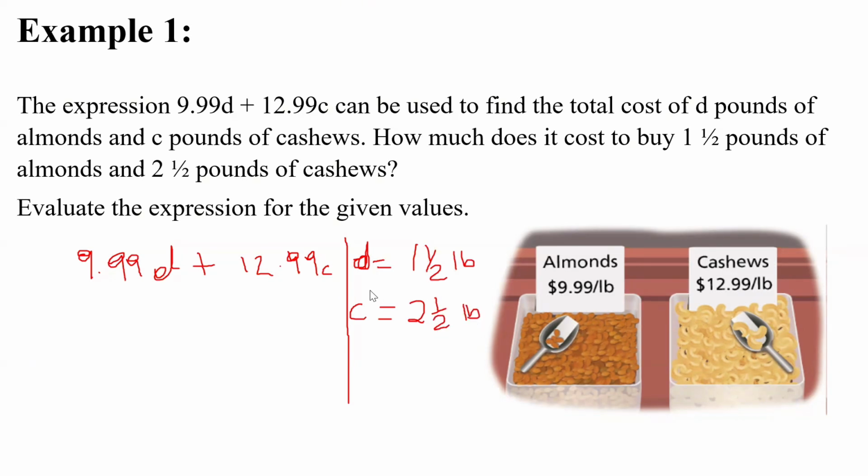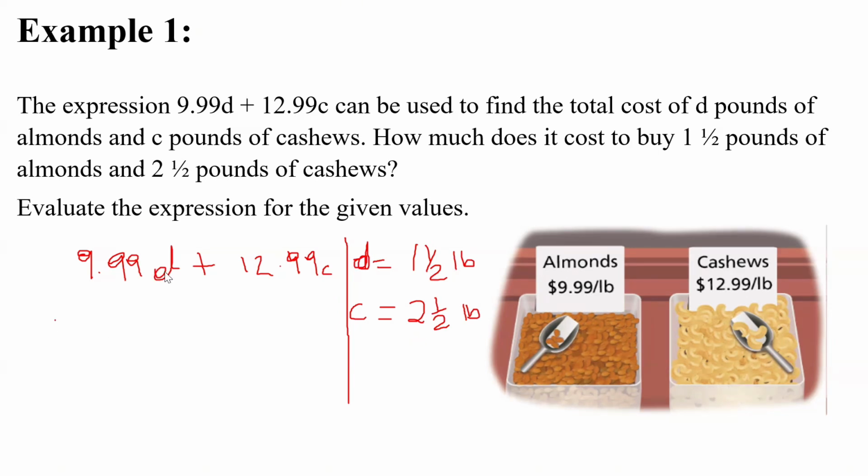So now that we know what c and d are, we are going to substitute these values into our expression, then we simplify. Substitute means to replace the letters or the variables with their actual values. So anywhere you see d in the expression, you are going to write the value for d, which is 1.5. And anywhere you see c, you write the value for c, which is 2.5.